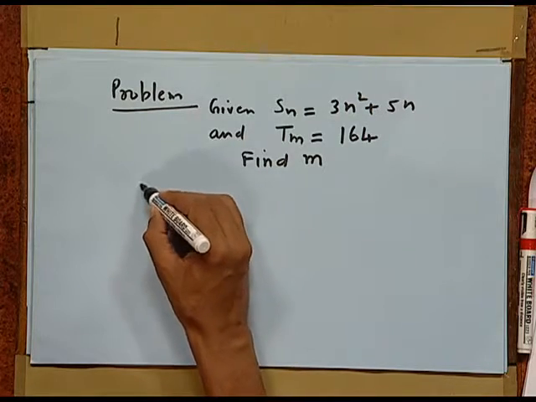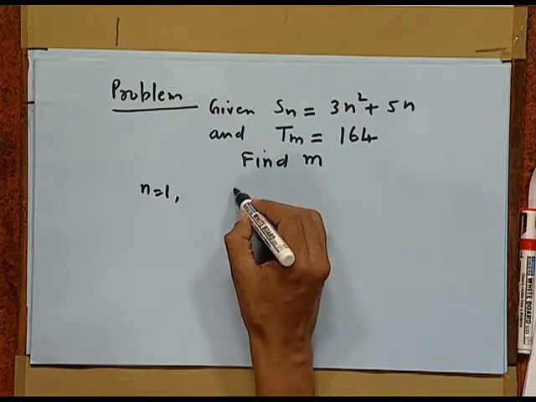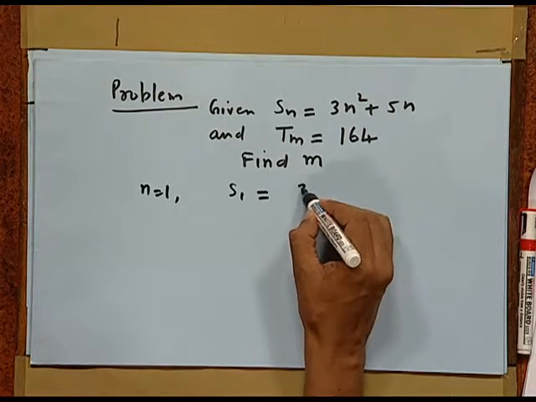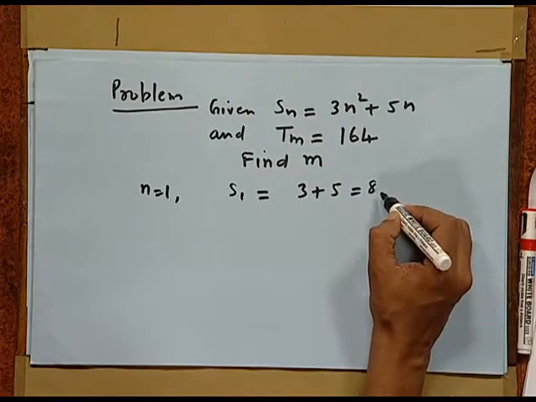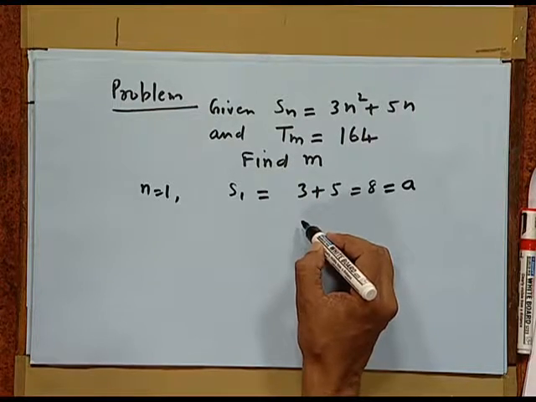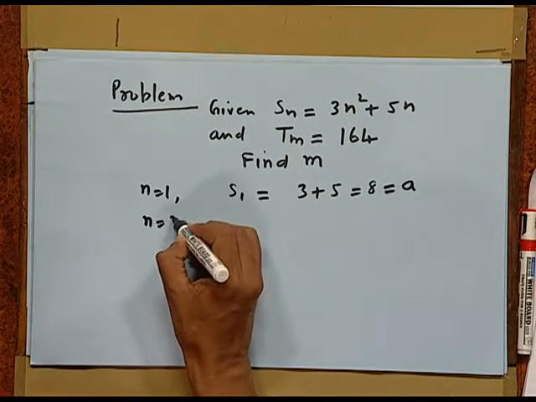First of all, when we put n equal to 1, we get S1 is equal to 3 plus 5, that is 8. And S1 is the same as the first term. So we got the value of a as 8. We put n is 2.